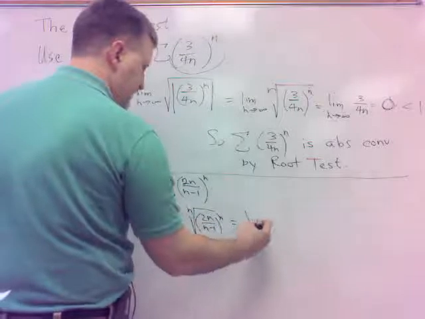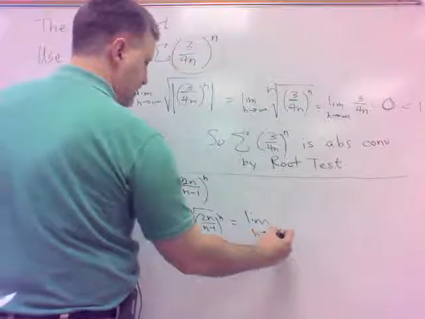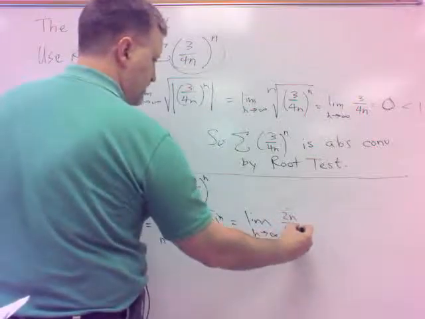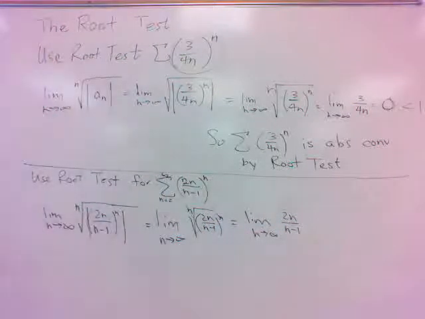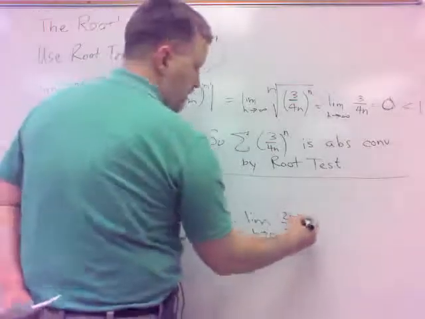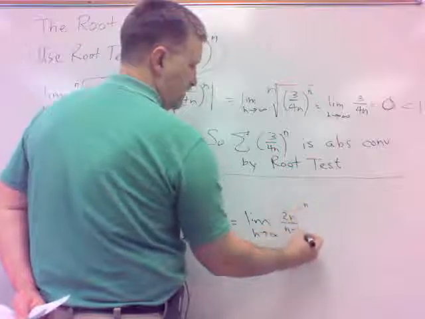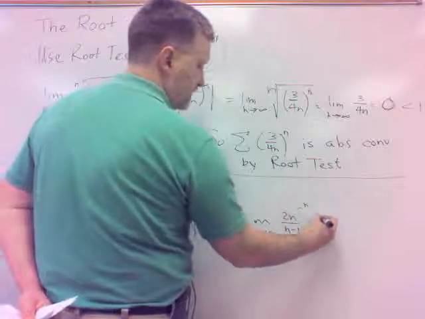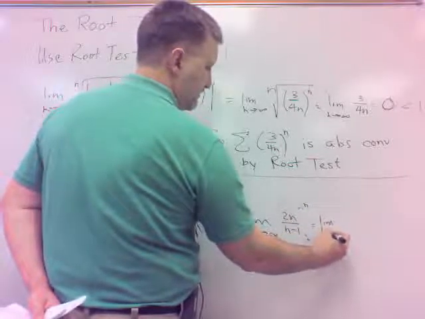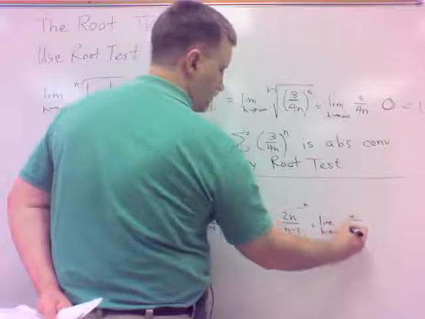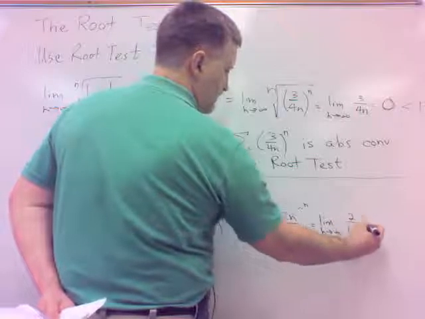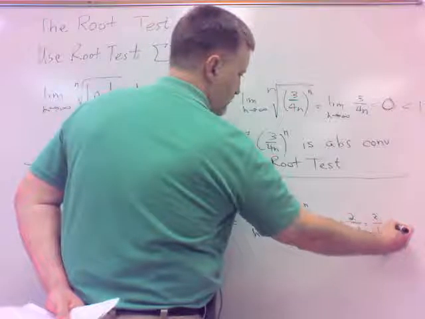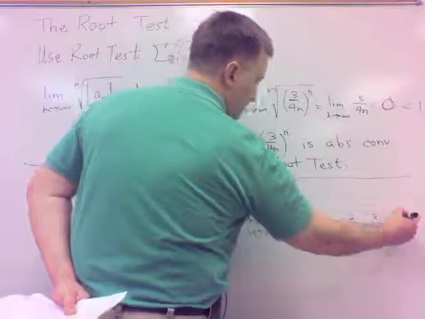So we're just looking at the limit as n goes to infinity of 2n over n minus 1. If we divide by n, we get the limit as n goes to infinity of 2 over 1 minus 1 over n, which is 2 over 1, which is 2, which is greater than 1.